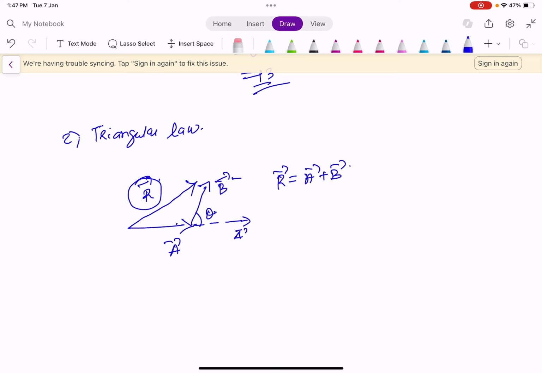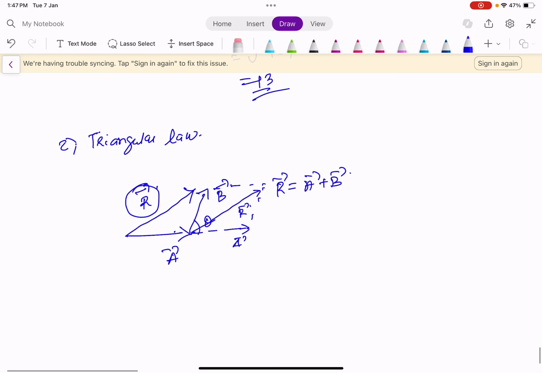Then we can create the parallelogram law from here itself. This is also the resultant, same as the other resultant. So like that also we can develop this. For the time being, we need to know what the triangular law is and how to form it.